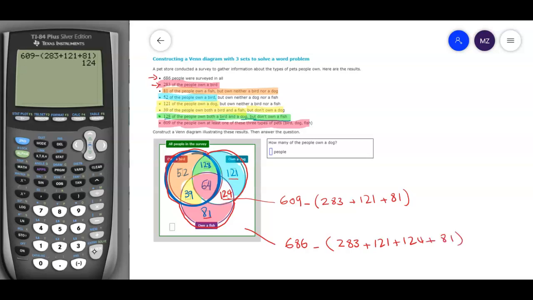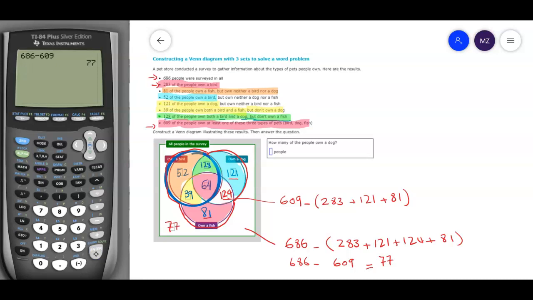We can do that one, or we can use this one as well. It can be the same thing as 686 minus 609, because the three circles, the red one, the union, is 609. So let's see, 686 minus 609, and that's going to be 77. So this number here is 77.